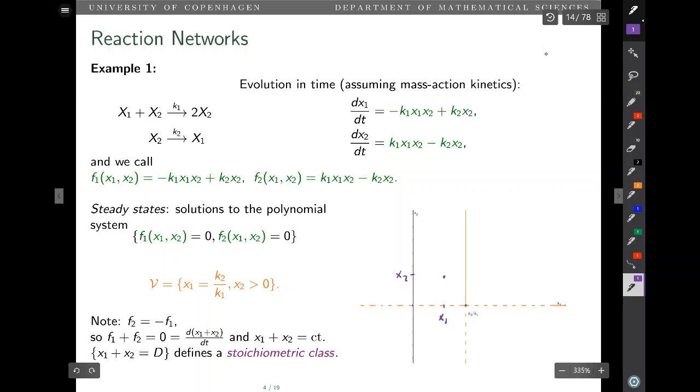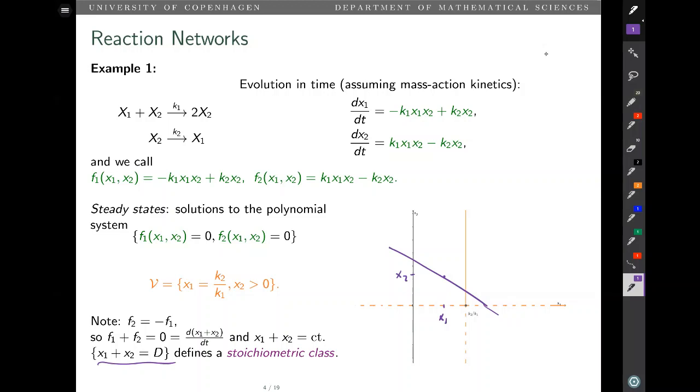So I start with a certain pair of concentrations, x1, x2, which is placed there. Then when the system evolves, the concentrations will change, but there will be a line corresponding to this equation, right? That contains all the possible states that I reach in the system.